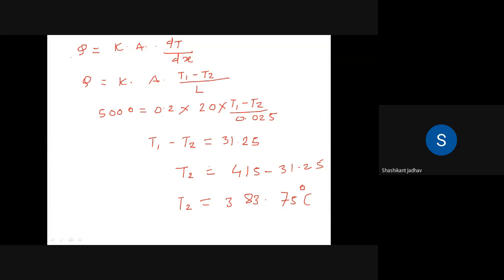So this is problem number 3. The fourth and fifth problems are the same as the first three problems.